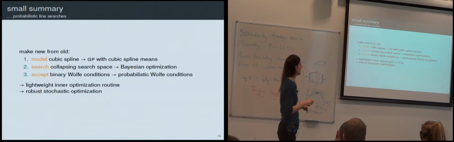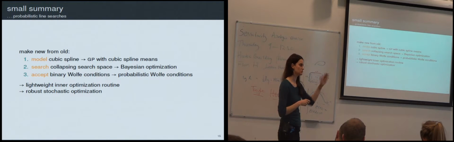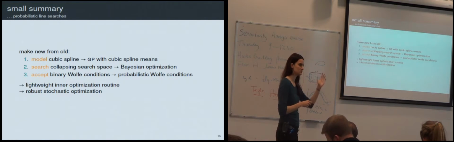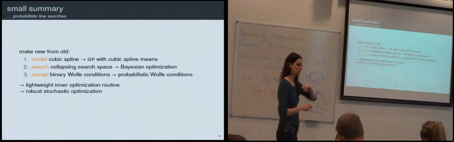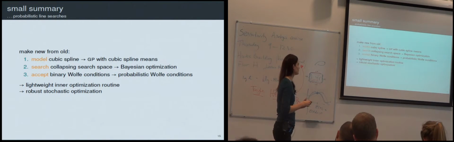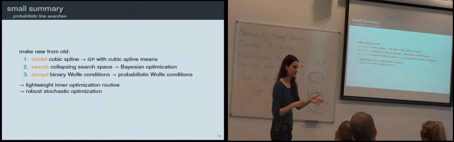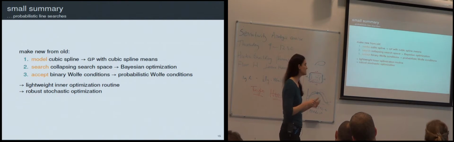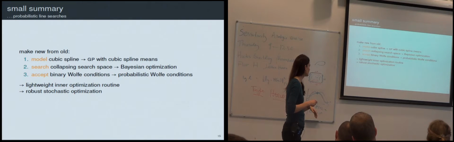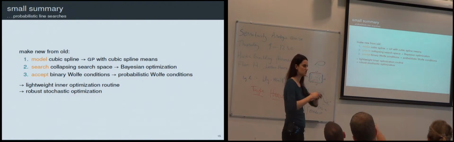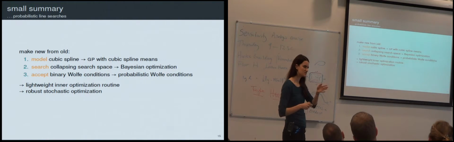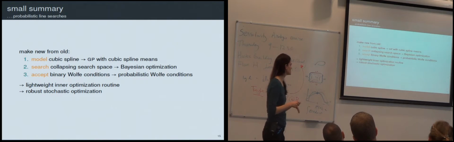Okay, so in summary, we went from a classic line search to a probabilistic one by just translating each component to the language of probability. The first one is, instead of cubic splines, we used a GP where the mean is a cubic spline. Then for the search for candidates, instead of making hard decisions and collapsing the search space, we use Bayesian optimization, or an approximate, lightweight version of it.